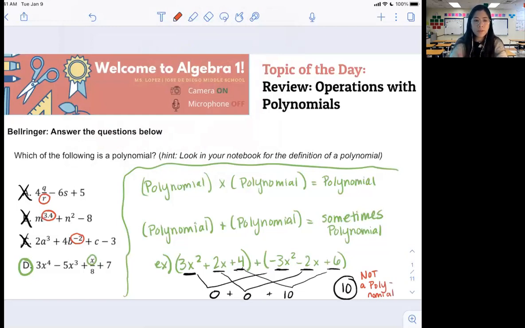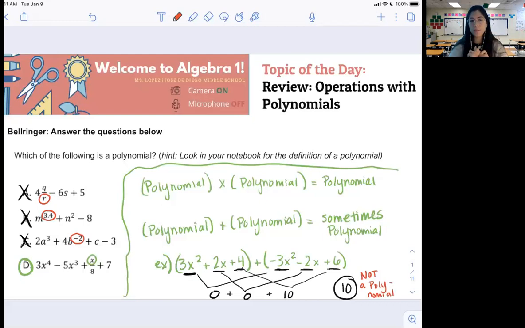So, quick overview of everything we just covered. Polynomials have to have positive whole number exponents. So there's no negative exponents, no decimal exponents, no fractional exponents, and the variables can't go into the denominator. So only whole number positive exponents. When you multiply two polynomials, you always get a polynomial.